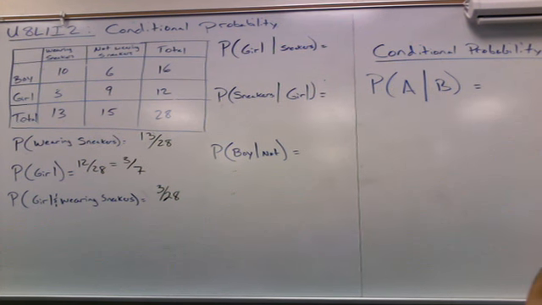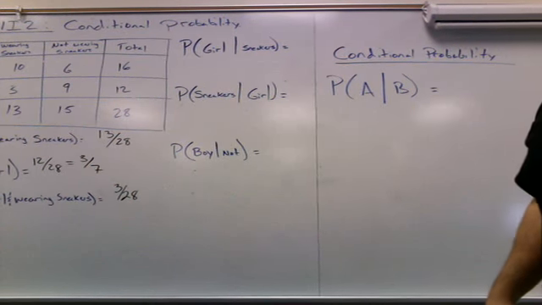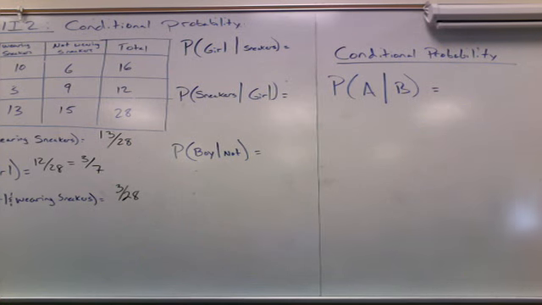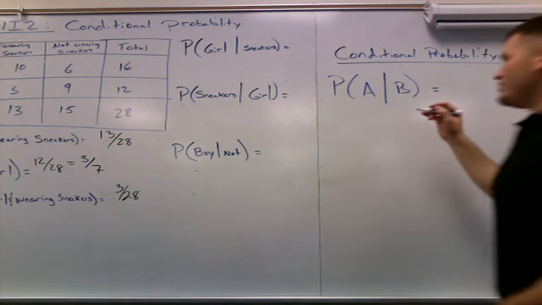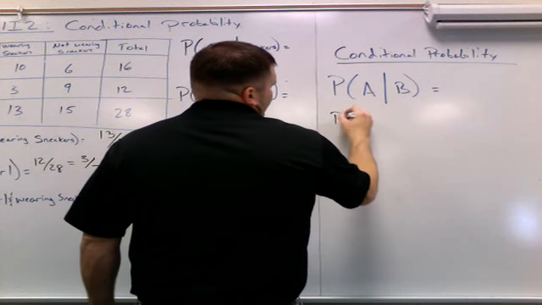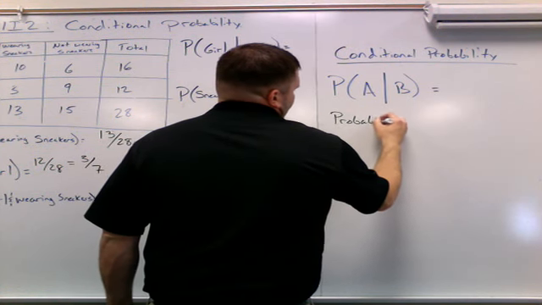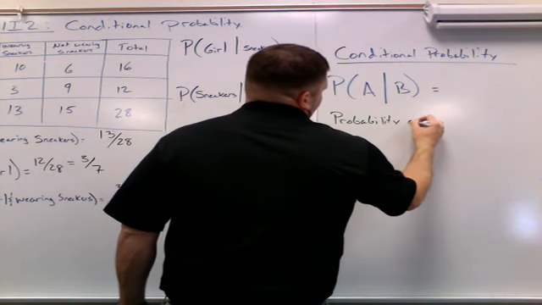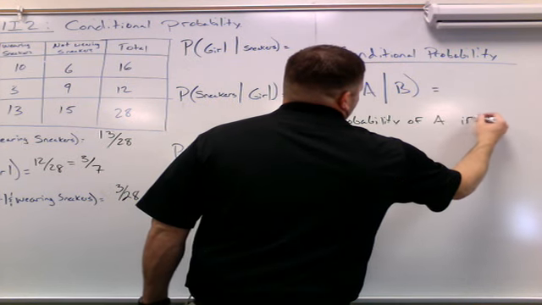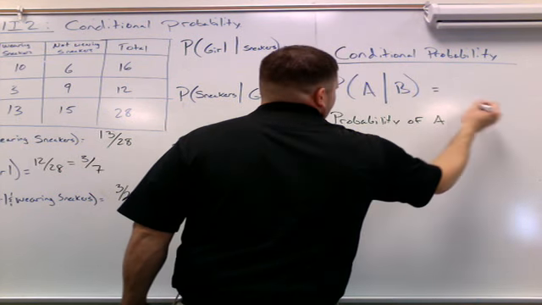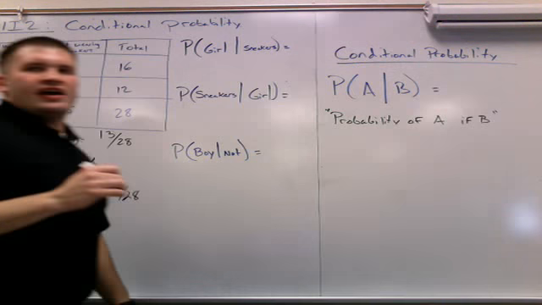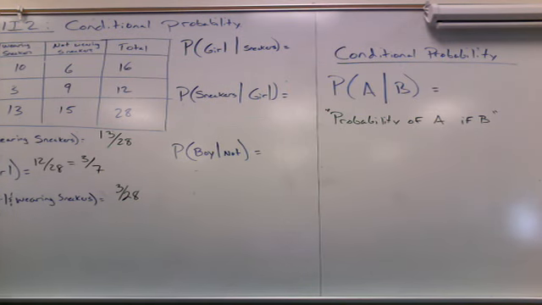Now, conditional probability has a nice equation for us to use. Okay? So the conditional probability of A, line B. Basically, what this is saying is the probability of A if B. Of A if B. Right?